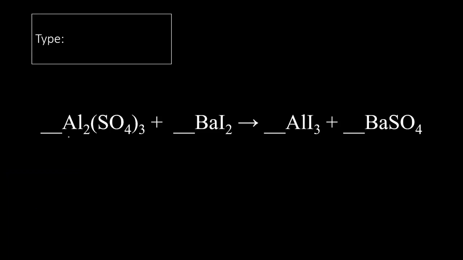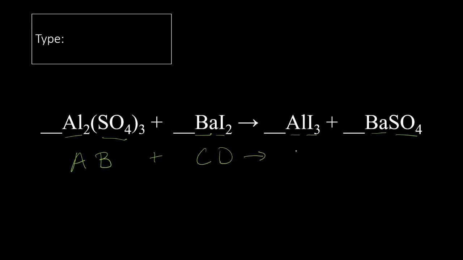This reaction, I have aluminum sulfate reacting with barium iodide, and I now have aluminum iodide and barium sulfate. I essentially have AB plus CD, right?